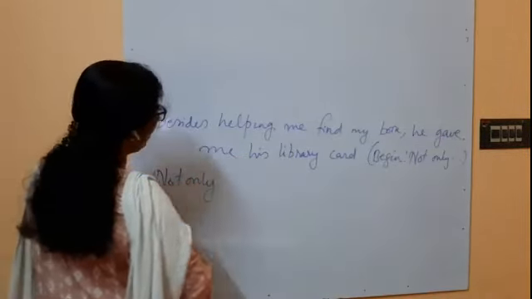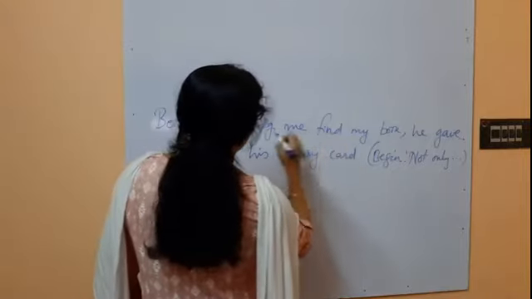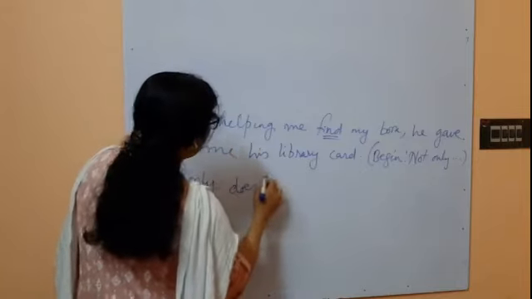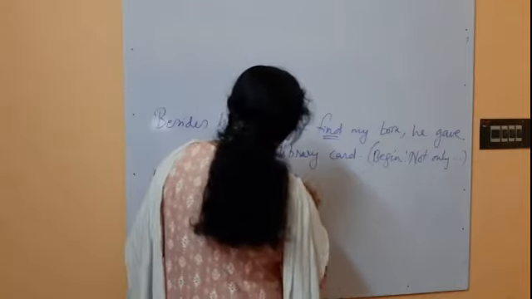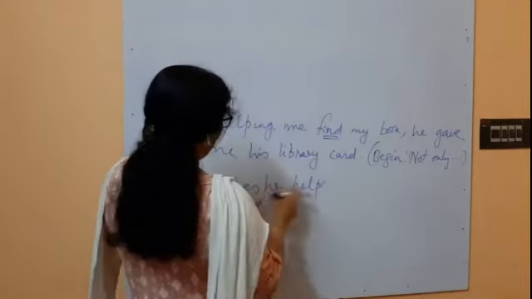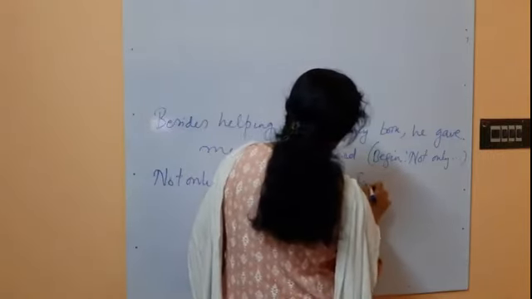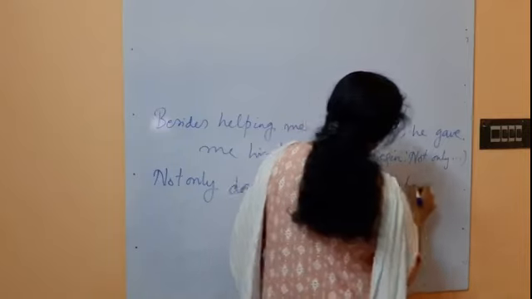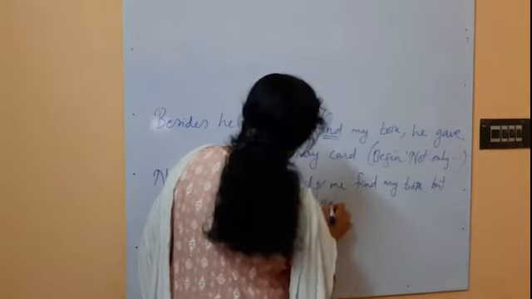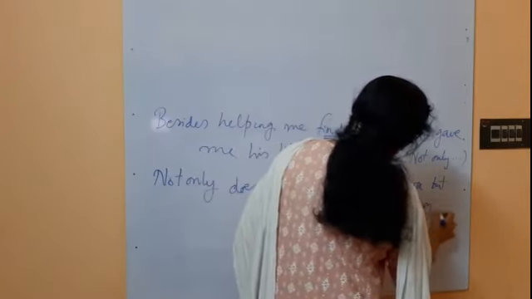Okay, so besides helping me find my book, he gave me his library card. Not only helping me find. So the tense is simple present. Not only does he help. Okay, helping me, we have to convert to base form. Not only does he help me find my book, but also gave me his library card.